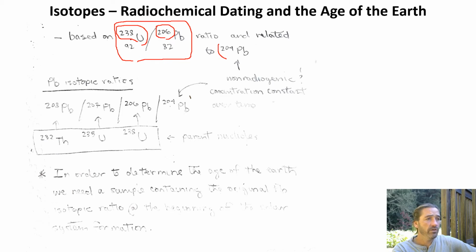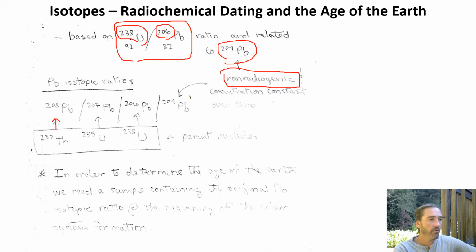Well, what we do is we need to also monitor lead-204. That is really the only lead isotope that's non-radiogenic, meaning whatever lead-204 is on Earth now was here during the beginning. It is not a part of a decay series.